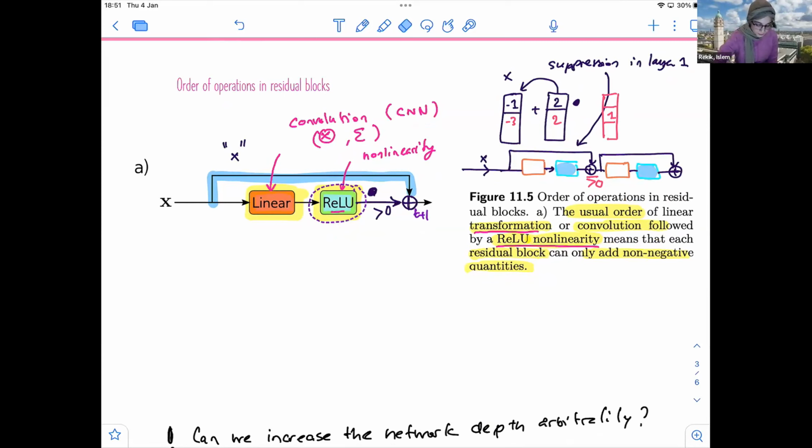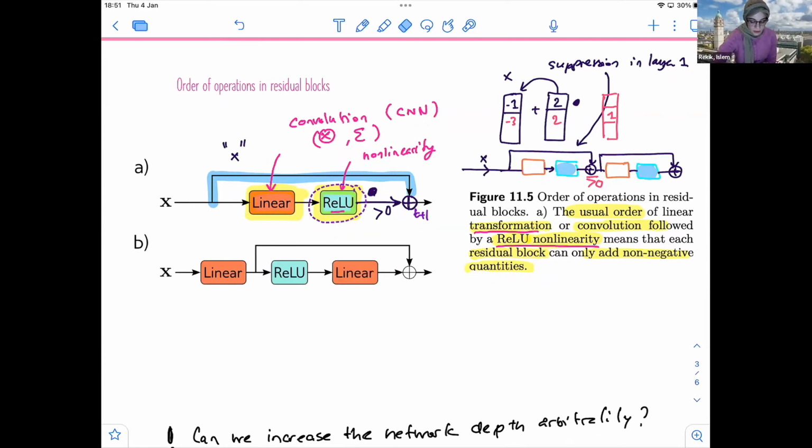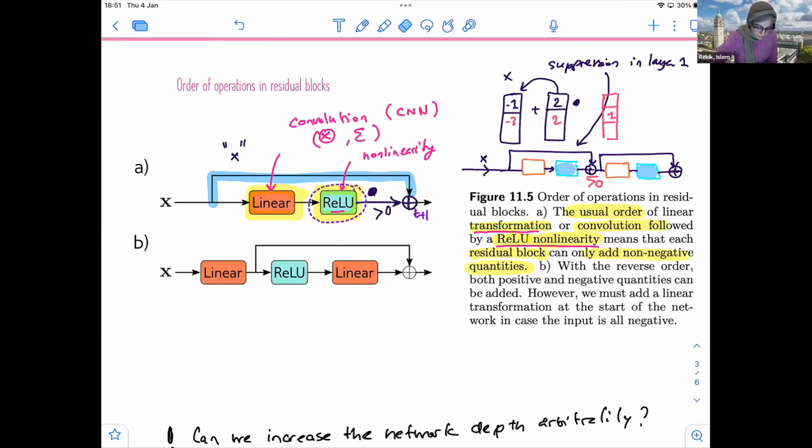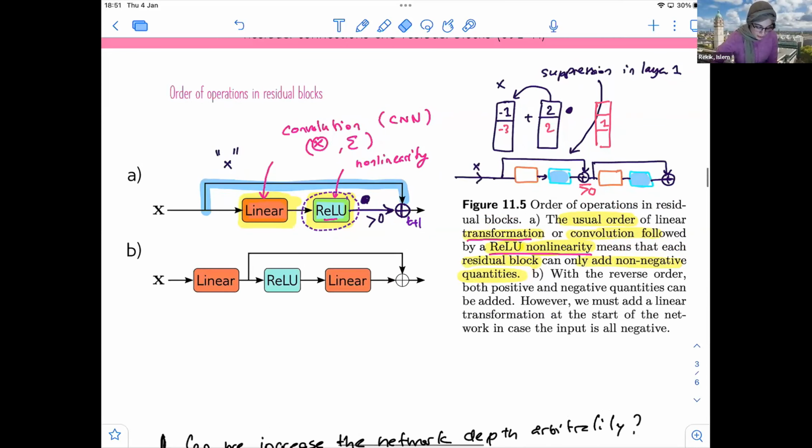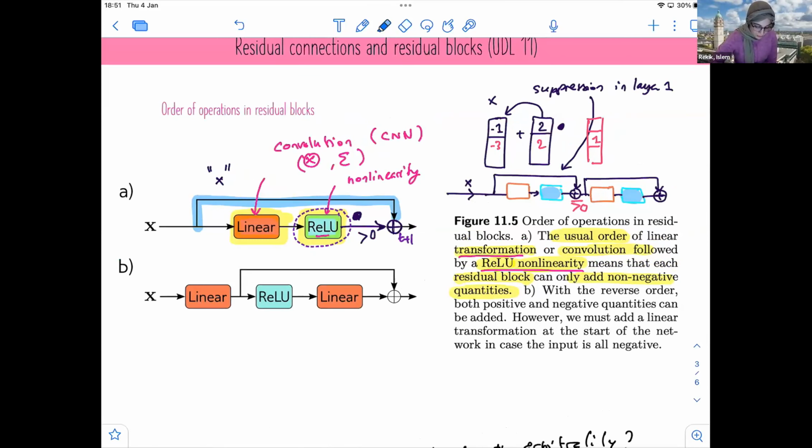So let's look at an alternative solution. So this is another solution. So in this solution, basically, we switch the order between the ReLU and the linear layer. So we put the ReLU first. So the ReLU comes first, and then we have the linearity here, and we do transform the data before, okay?